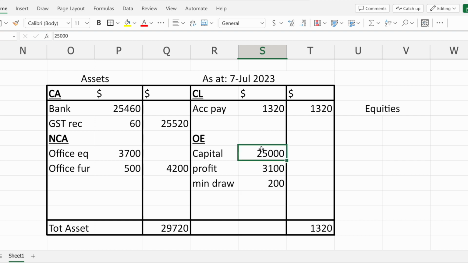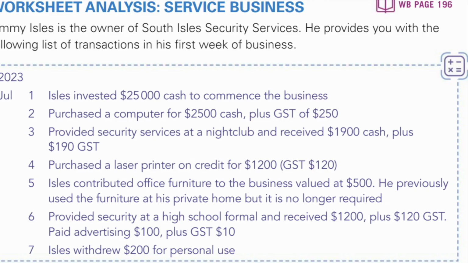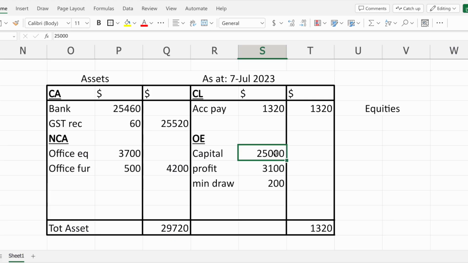So when we were recording capital, we knew that initially Islis contributed 25K cash to commence the business, but later on we also knew that the office furniture was contributed at $500. So the owner's equity that was contributed is 25,000 plus 500, because of the office furniture plus the initial amount that Islis contributed.